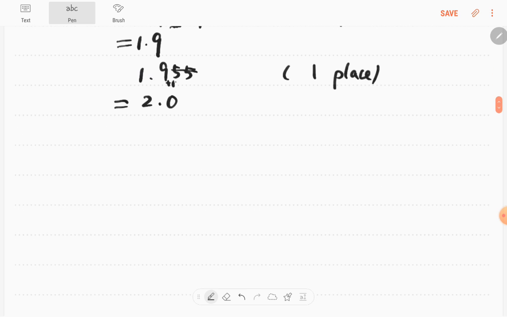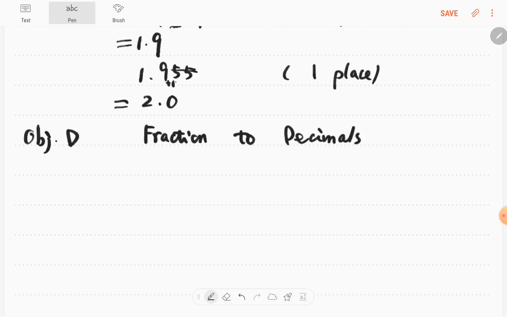All right, the next objective will be objective D. We want to write fractions as decimals. Fractions to decimals. Okay, we just do the division actually.